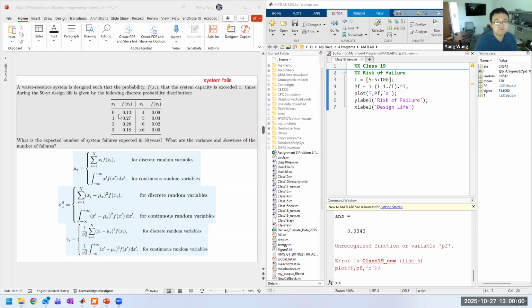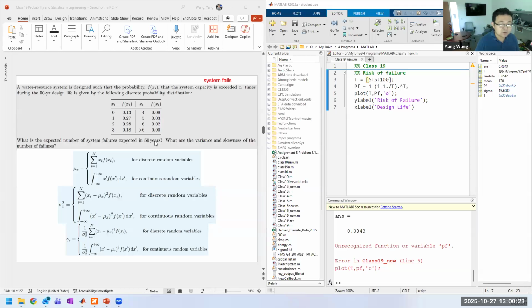We don't have a system that can fail 1.5 times. Although the mean, or the expected number of failures, could be fractional, it could be non-integer.